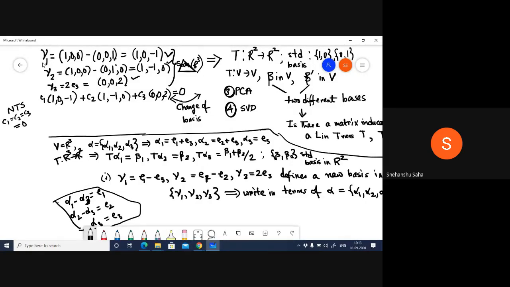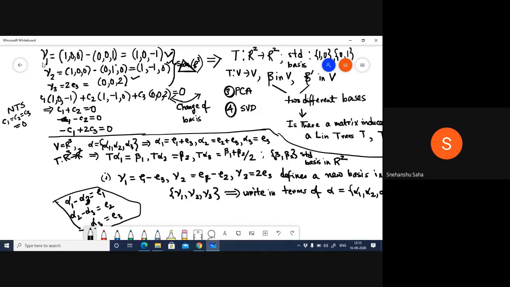This can be easily written as simultaneous equations: C1 plus C2 equal to 0, then minus C2 equal to 0, and then minus C1 plus 2C3 equal to 0.